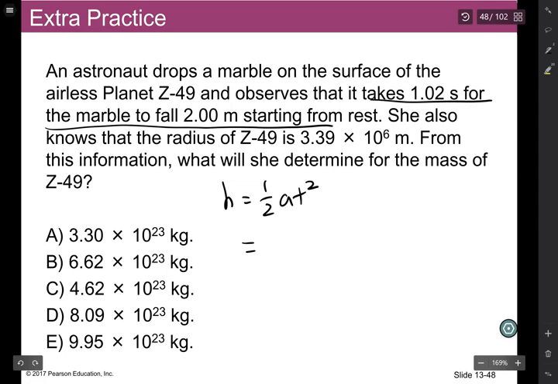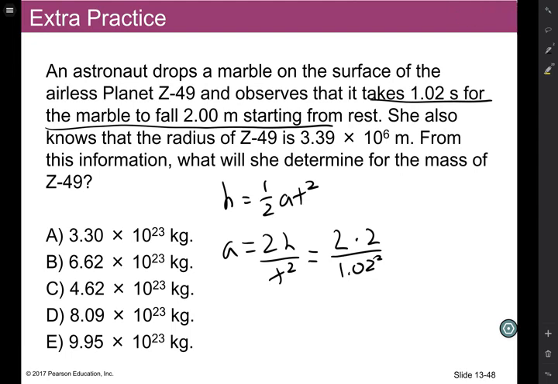We can rearrange this to solve for a, so 2 times 2 over 1.02 squared. We can plug that in and we'll get the acceleration, which is 3.84 meters per second squared. So that must be the local acceleration due to gravity, little g.